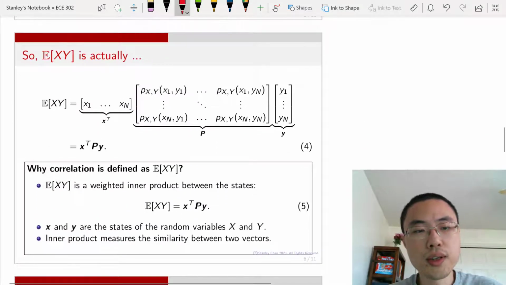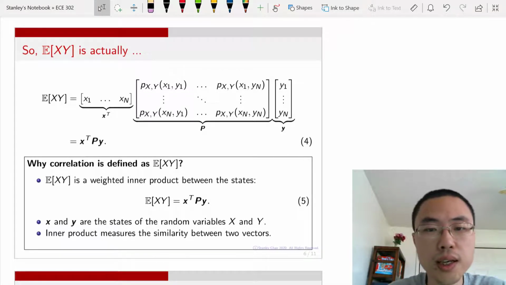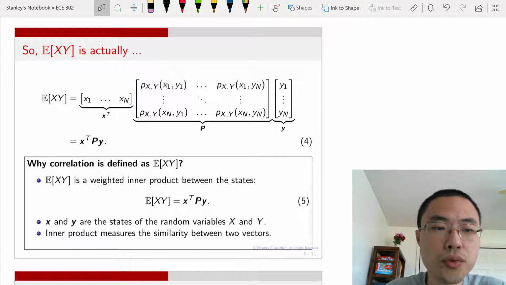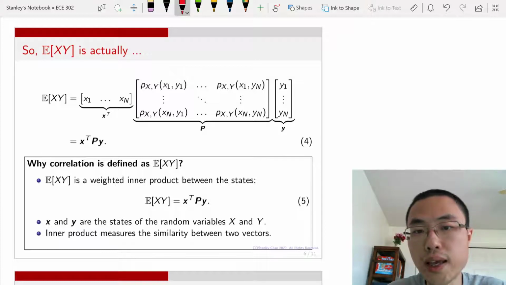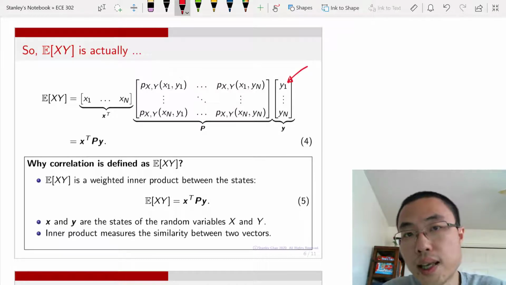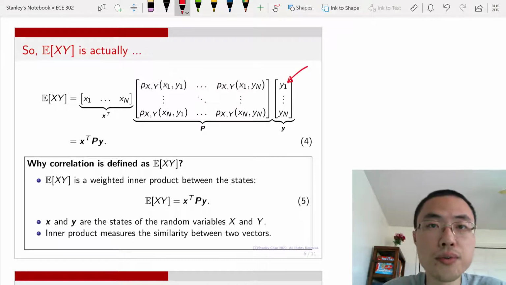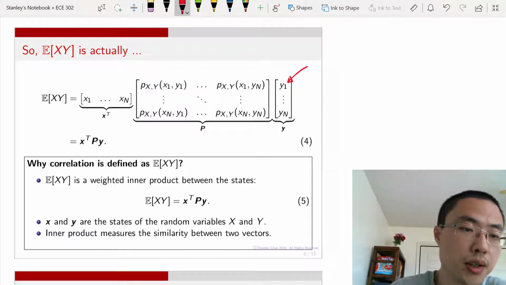It turns out that this summation can actually be written as the following. You start with a column vector of y1 through yn. These are the state values of your random variable y.